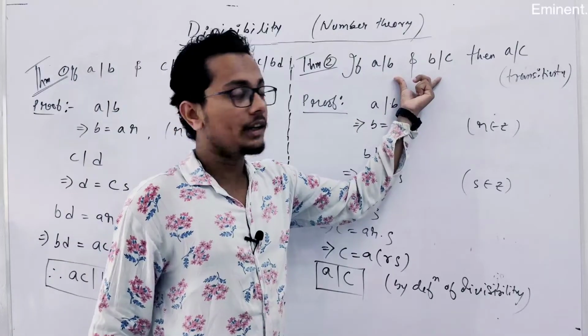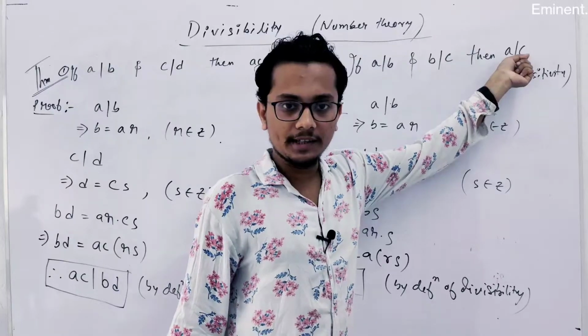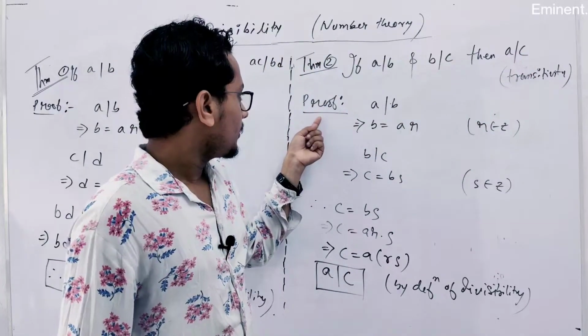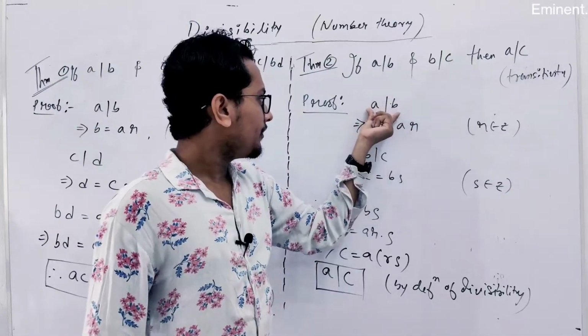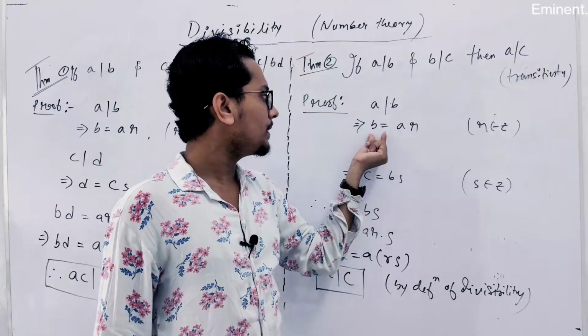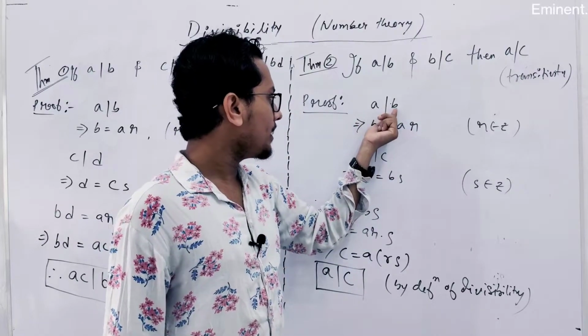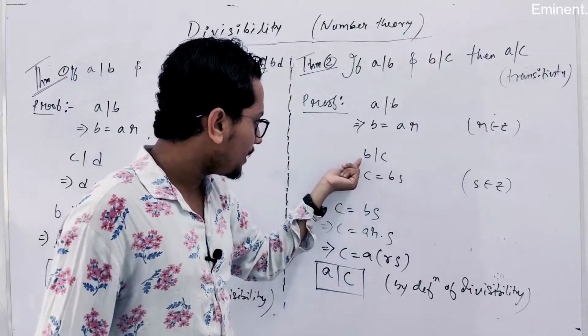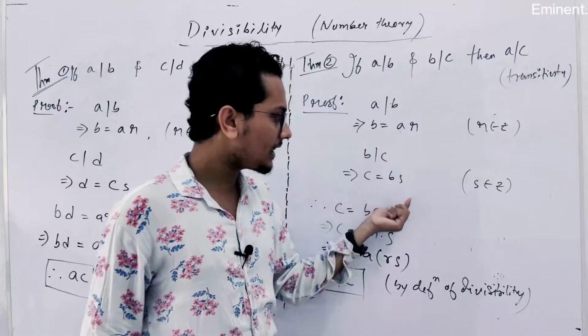The theorem was: if A divides B and B divides C, then A divides C. In the proof it is given that A divides B and B divides C. If A divides B, then there exists another integer R such that B equals AR, by definition of divisibility. If B divides C, then you can write C equals BS, where S is another integer.